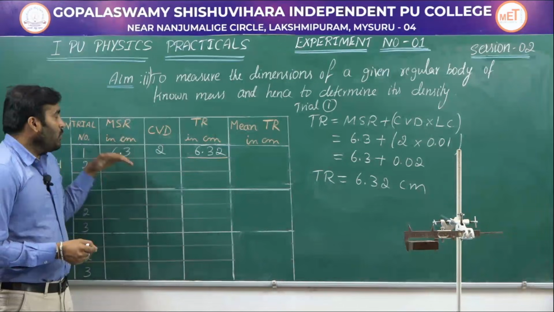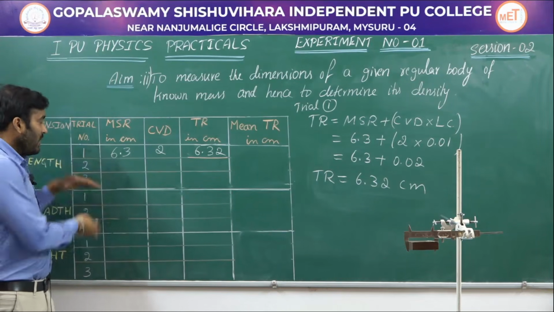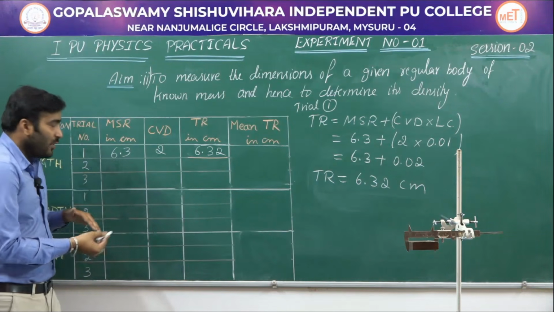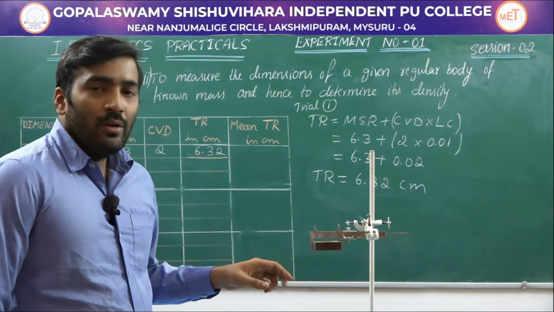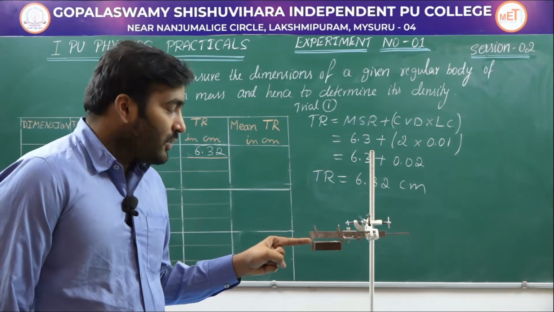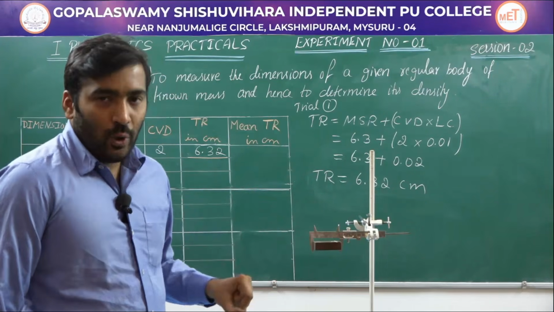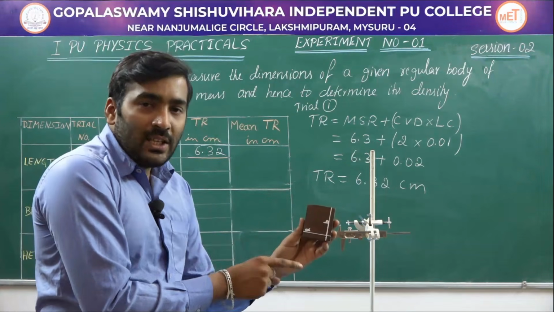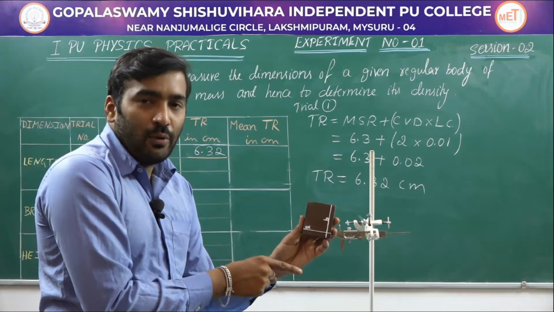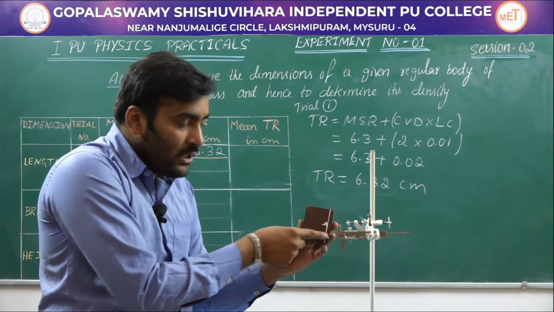In the same way, we need to measure the main scale reading and CVD for 2 more trials, for the second trial and third trial. For the second trial, we have to just change the position of this object. But we need to measure the length only. So while changing the position, you have to be careful that you place the object along this length only.